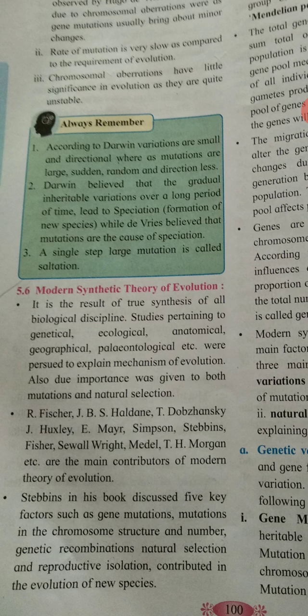Stebbins, in his book, discusses 5 key factors, such as gene mutations, changes in chromosome structure and number, genetic recombinations, natural selection and reproductive isolation, which contribute to the evolution of new species.